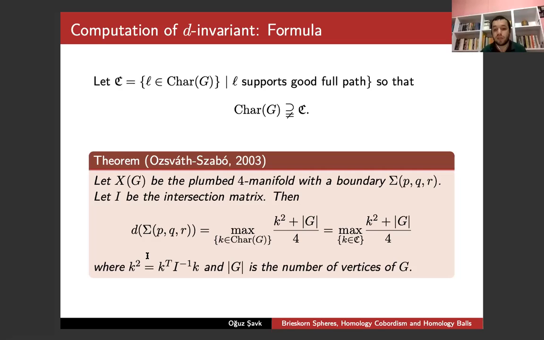So you think of them as matrices. Here, K² can be obtained by K transpose, the inverse intersection matrix, and K, which gives you just an integer. So the invariant for plumbed manifolds depends on finding the maximum of K².